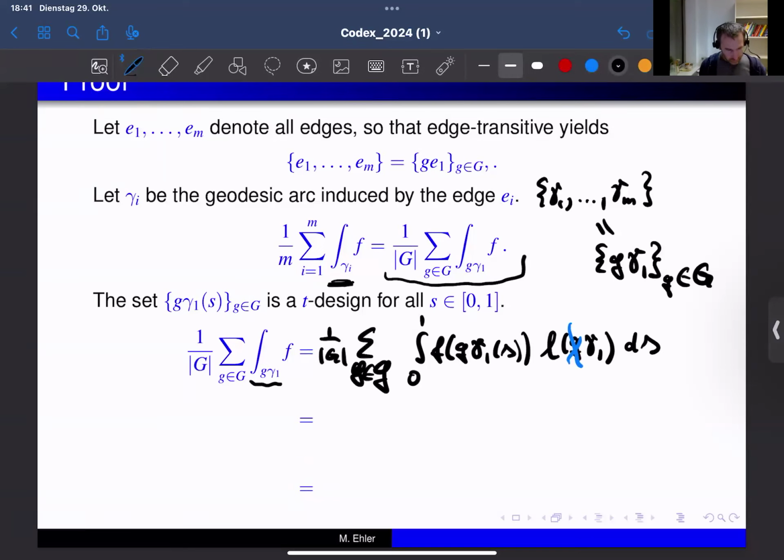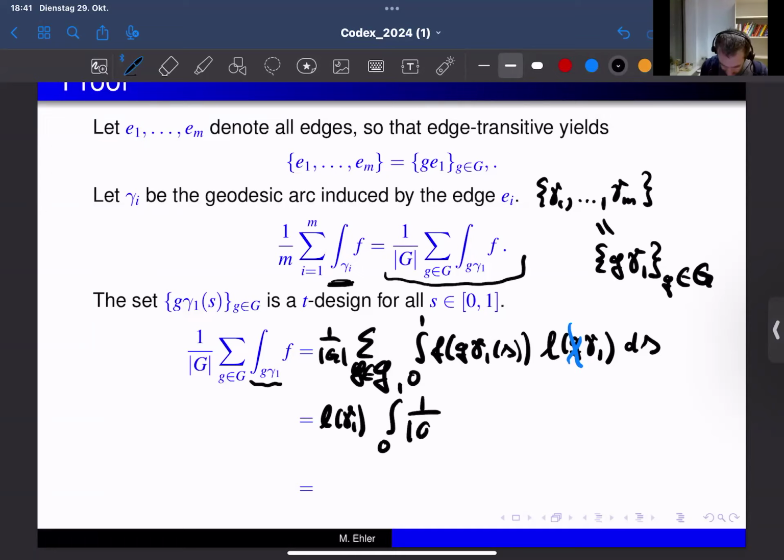And I can go on. I rearrange the order a little bit, so I have L of gamma 1. And now I interchange summation and integration.